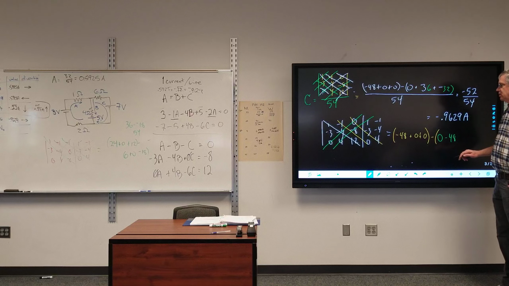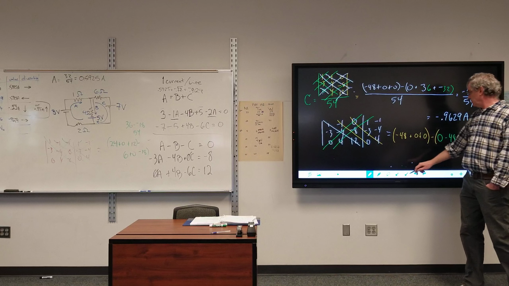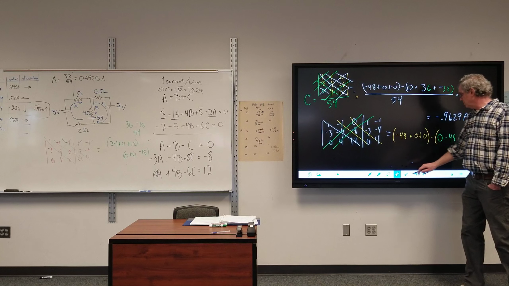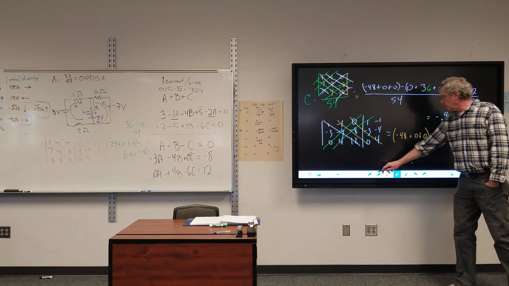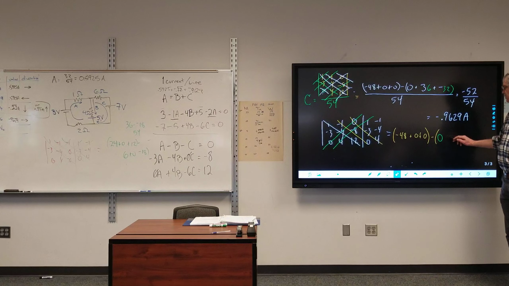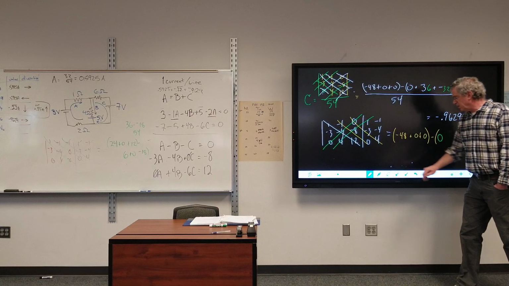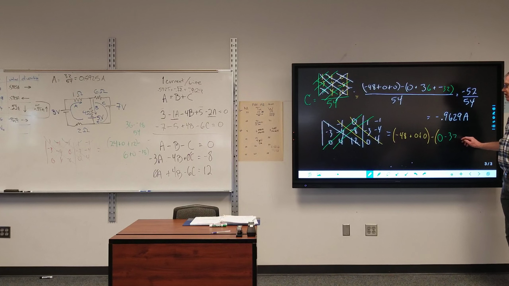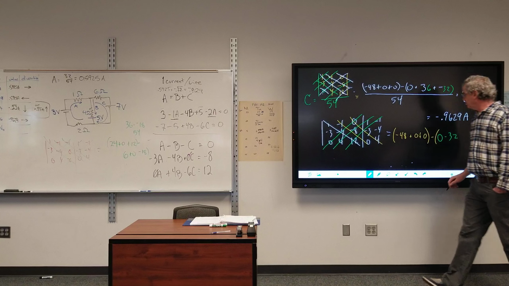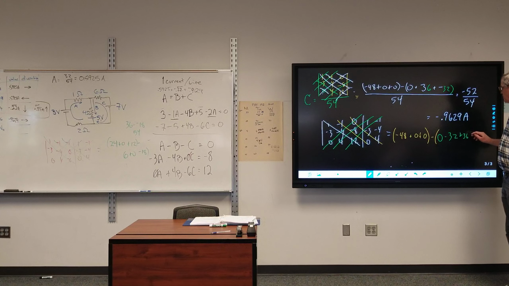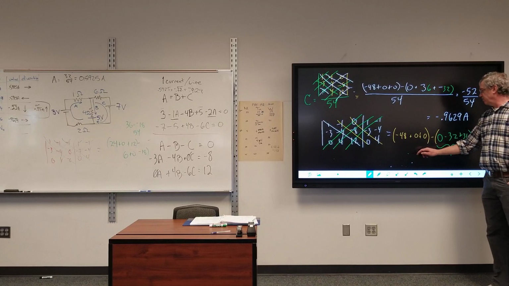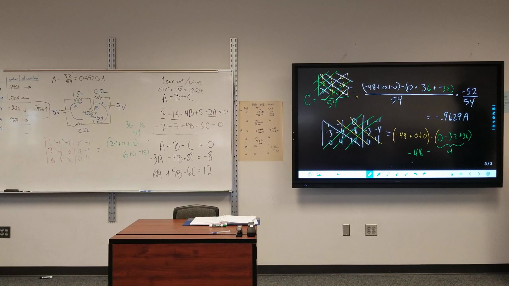Well, that's different. No, that's not right. It's 32, which is still different. Plus 36. This is backwards. So that's 4. That's negative 48. So we get that. So C is looking good.